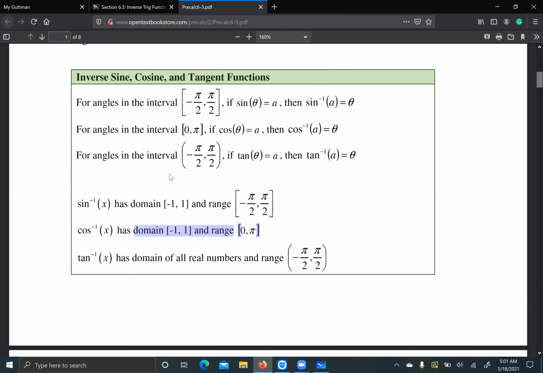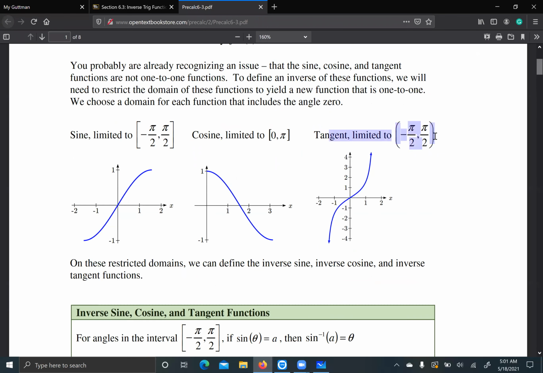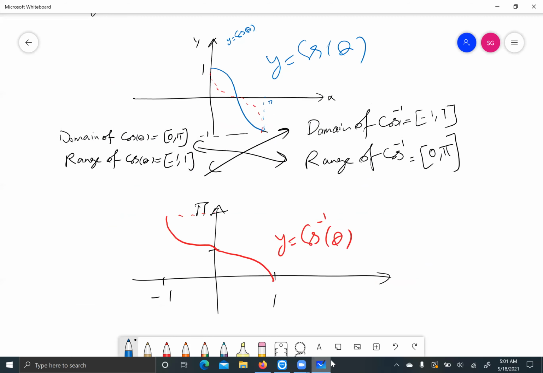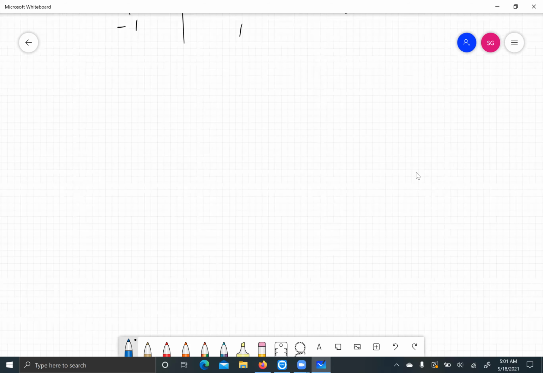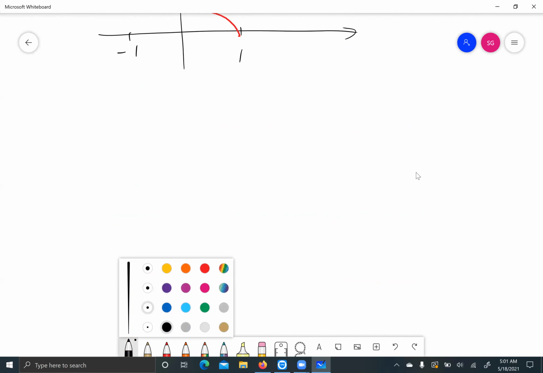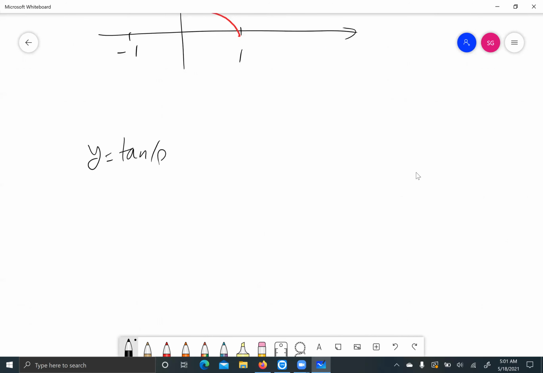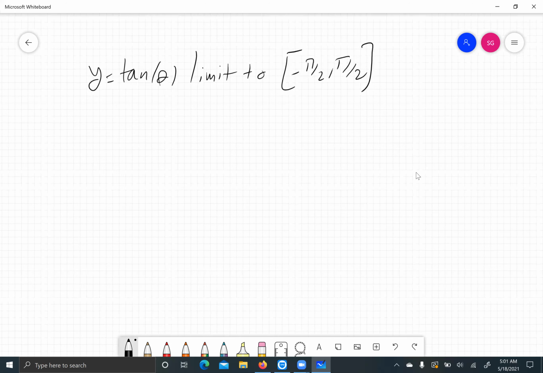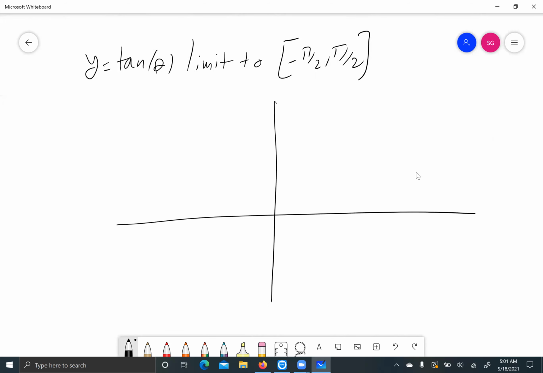Okay? So this is the graph of cosine inverse, and the domain is negative 1 and 1, the range is 0 and pi. Finally, for tangent, limited to 1 of the period, because tangent is also not 1 to 1. So for tangent function, limited to negative pi over 2 to pi over 2, right? So this is tangent.